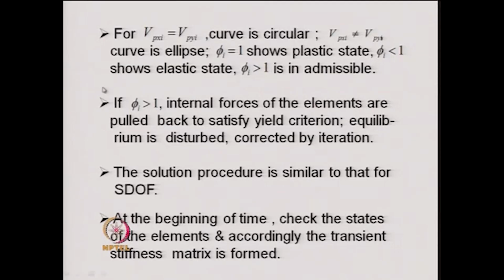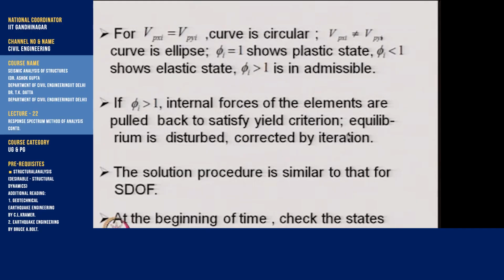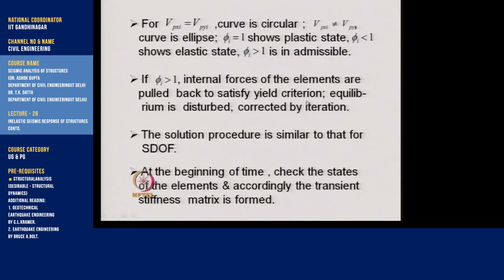So, that is the next step: if phi I is greater than 1, the internal forces of the elements are pulled back to satisfy the yield criteria. That means we pull back the forces so that phi I becomes equal to 1.